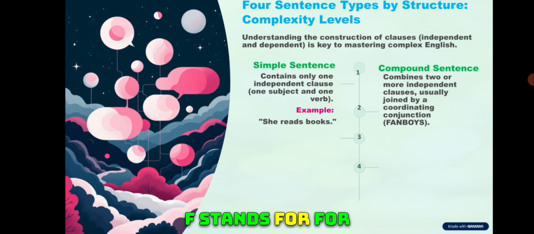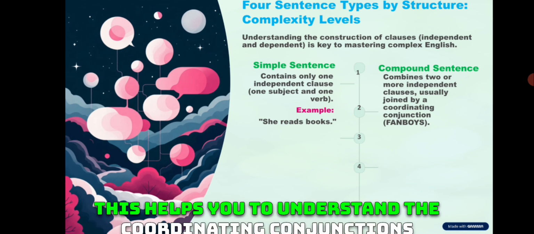F stands for for, A and, N nor, B but, O or, Y yet, S so. FANBOYS. This helps you to understand the coordinating conjunctions.